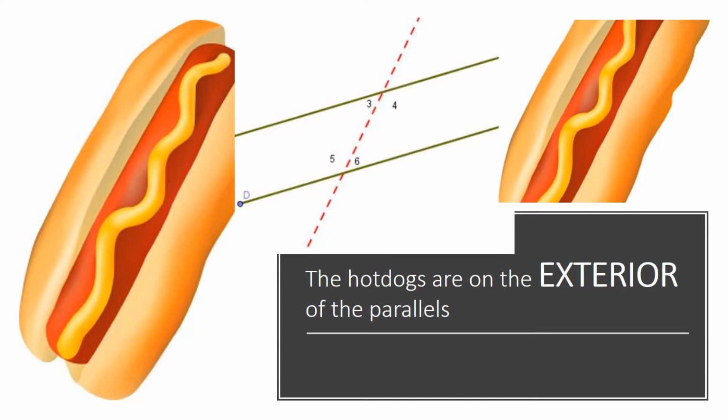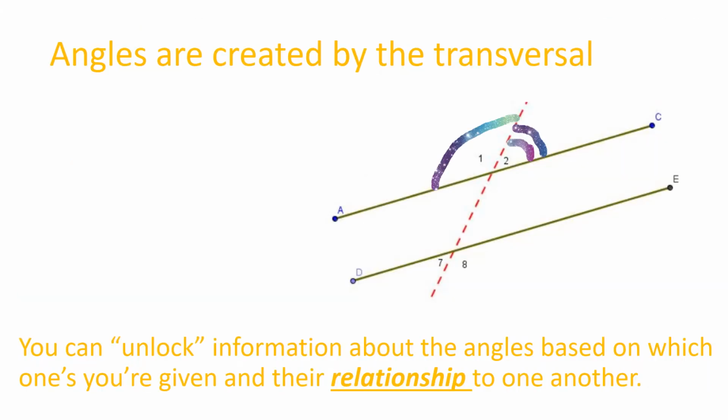The hot dogs here are the parallels, the dotted transversal line. The hot dogs are on the exterior of the parallels, and angles 3, 4, 5, and 6 are on the interior. That's really important. Exterior, interior, inside, interior, exterior, outside.